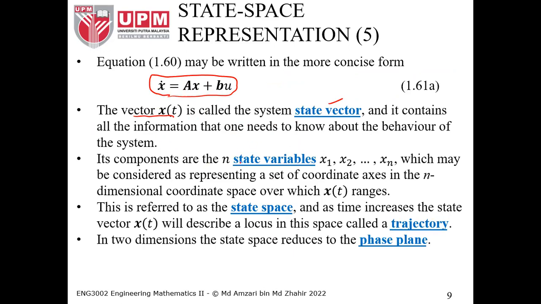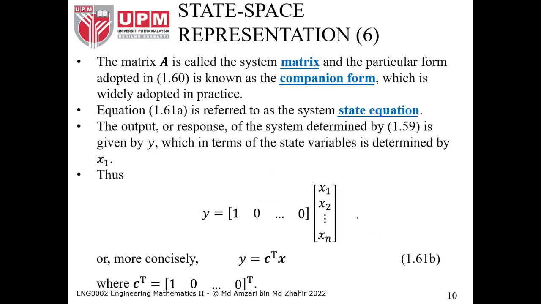The components, the n states x_1, x_2, and the rest, represent the coordinates of an n-dimensional coordinate space, which we call the state space. As time increases, the vector x(t) describes a locus in space called a trajectory, and in two dimensions, the state space reduces to the phase plane.